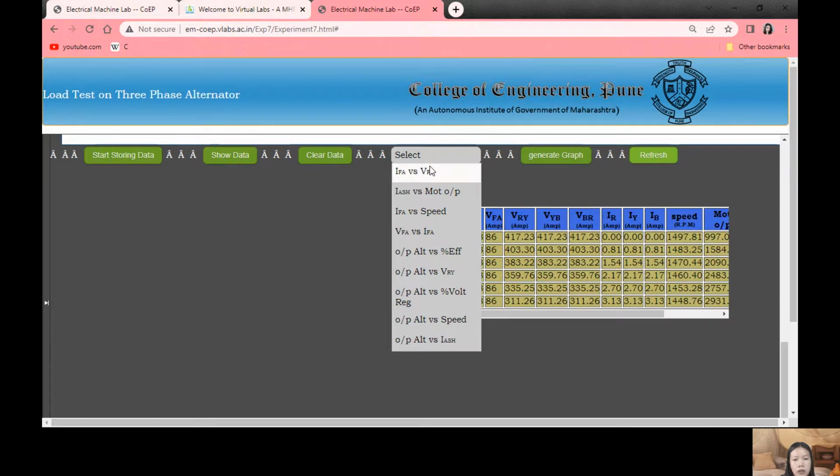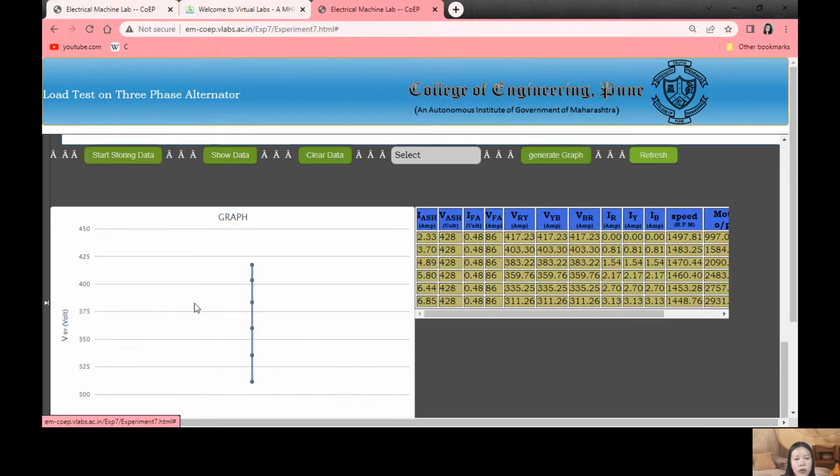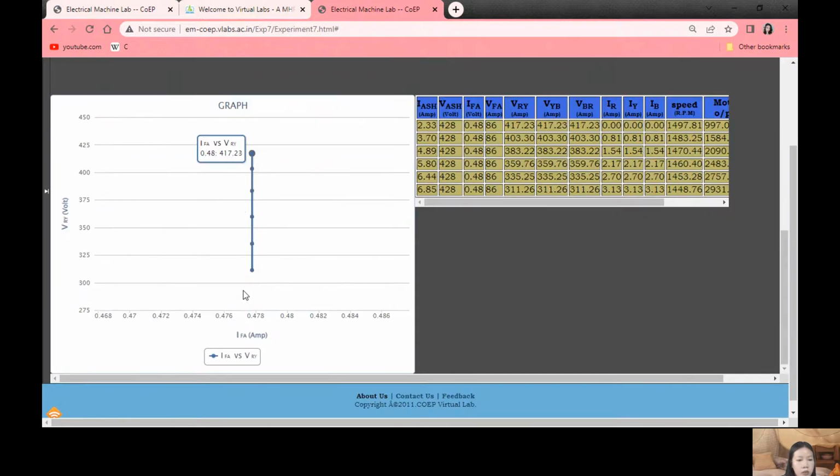So, start na tayo sa graph. Yung first graph natin is yung line voltage RY versus yung field current ng alternator. So, since constant nga yung field current ng alternator, makikita natin na straight lang din, vertical, yung ating graph.